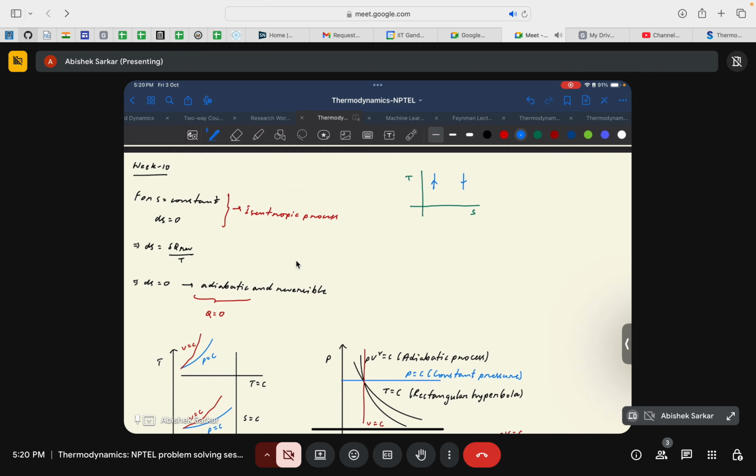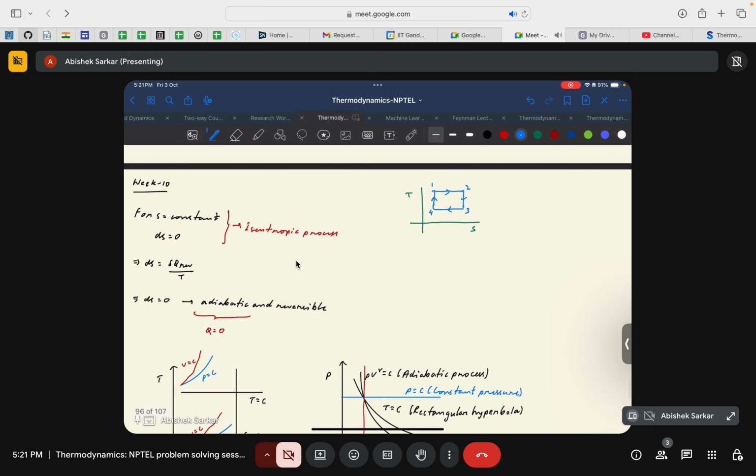We saw that we can draw the Carnot cycle in this manner: a constant temperature expansion, then isentropic expansion, followed by a constant temperature compression, and then an isentropic compression. The heat additions were done at constant temperature. So this was the Carnot cycle in a TS plot.